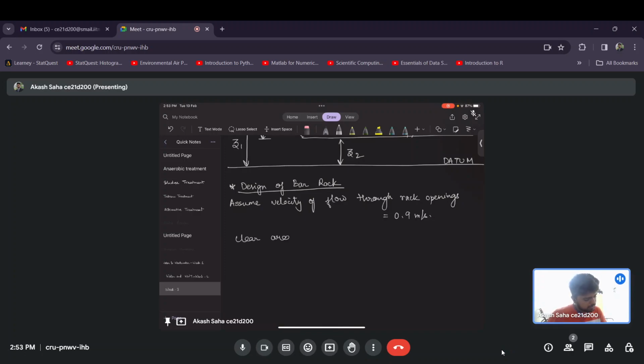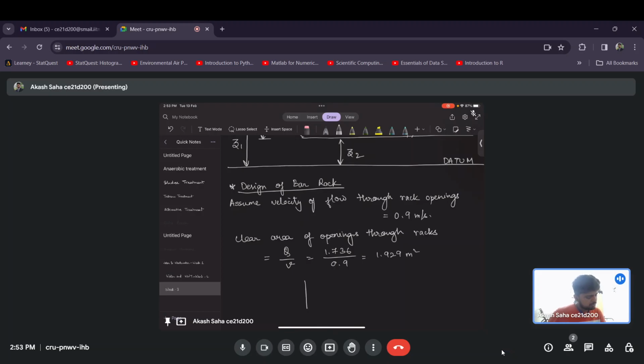Okay, 0.9 meter per second. So what will be my clear area of openings? Since this is the velocity through my screens, my clear area through racks will be equal to Q by V. Okay, so Q I know is 1.736. V I have assumed as 0.9, so it will be 1.929.